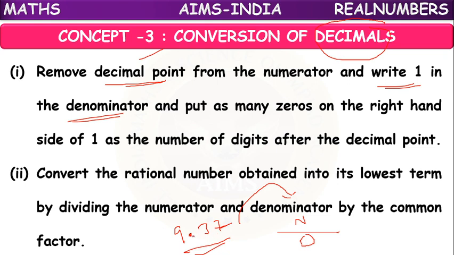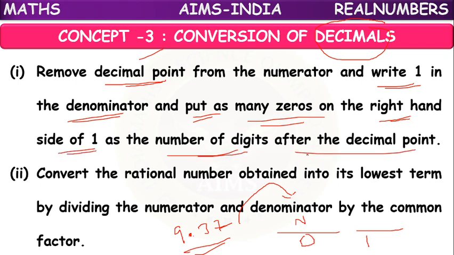We have to remove the decimal point, write 1 in the denominator, and put as many zeros on the right hand side of 1 as the number of digits after the decimal point. Before the decimal point we have 9. After the decimal point, we have 3 and 7, so 2 places.